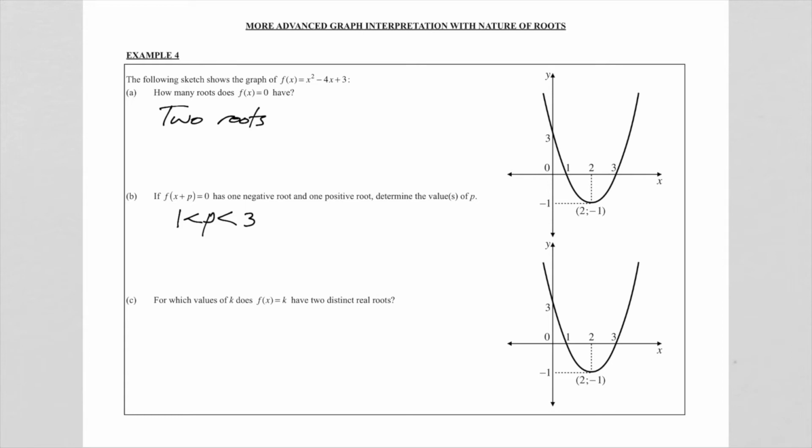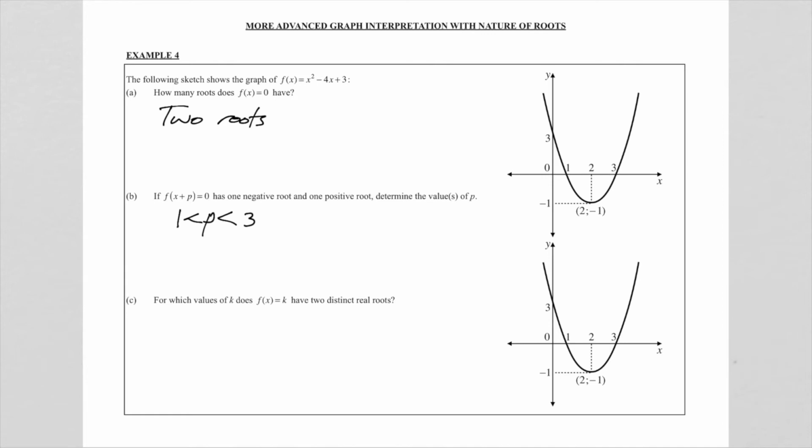Right, the next question. For which values of k does f(x) = k have 2 distinct real roots? We want 2 roots here. Now f(x) is my parabola. Equal to k means that is a horizontal line. And we also spoke about that in the previous lesson.